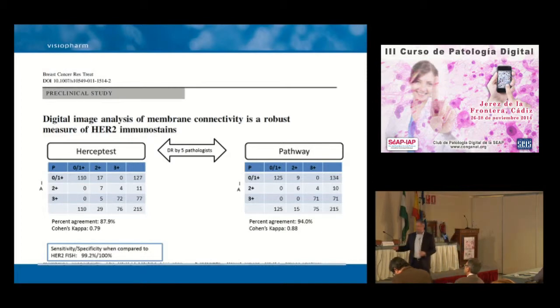What we also wanted to show was what is then the concordance with human reading. And in this case, human reading means 5 independent pathologists, all from Nordic QC. We developed the algorithm with Nordic QC. And when they differed, there was a consensus reading. So we could now compare image analysis to the consensus score of 5 independent pathologists and arrive at a certain percentage agreement and Cohen's kappa for the HercepTest and the PATHWAY.